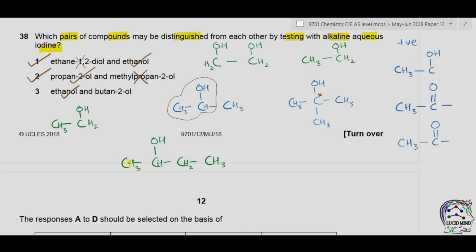Again in butane 2-ol CH3 is attached to the carbon atom having OH, so this will also give a positive result with alkaline aqueous iodine. As both will give positive results, we cannot differentiate these two based on this test. As options 1 and 2 are correct, the answer is therefore B.